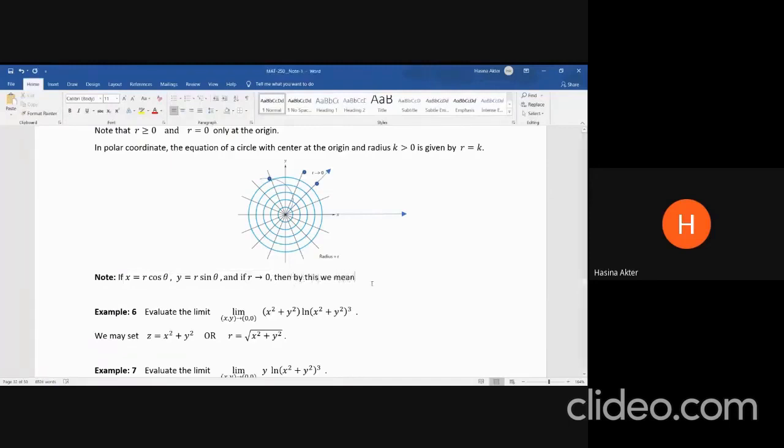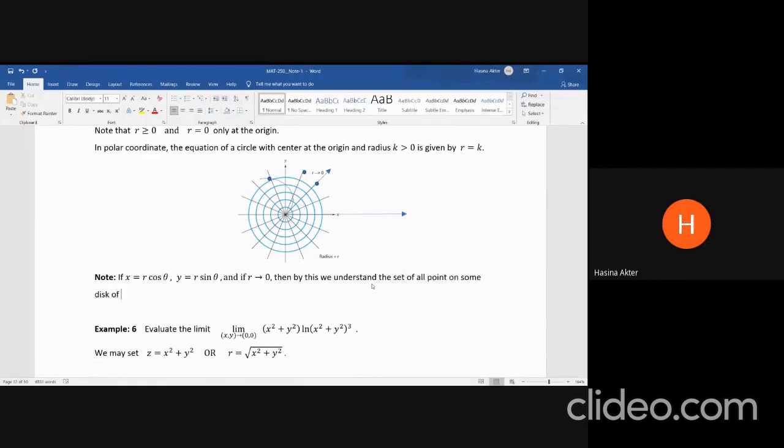we understand the set of all points on some small disk of radius r around the origin but not the origin.